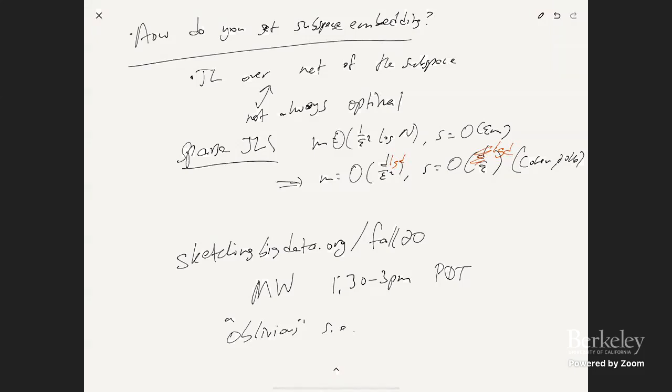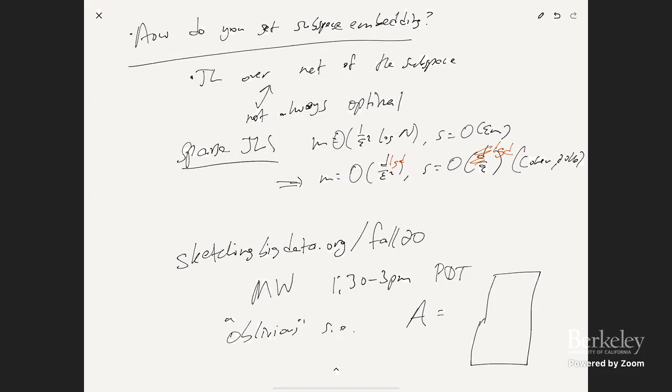Yeah, good point. How is the subspace usually given as input to me? It's usually given as the column space of a matrix. So I imagine that there's some matrix A, and I know that its column space has low dimension.